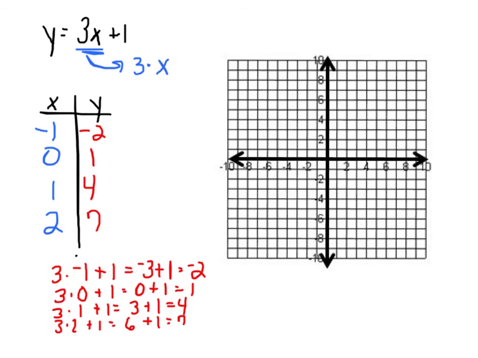So when I plot my points, -1, -2, 0, 1, 1, 4, 2, 7.